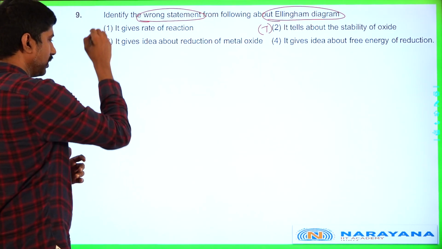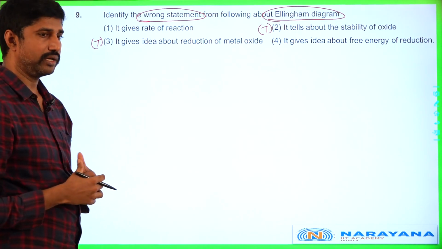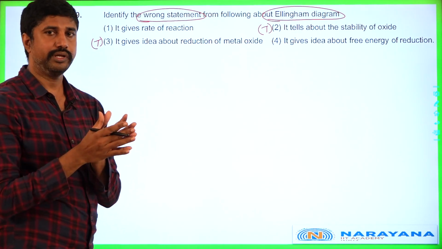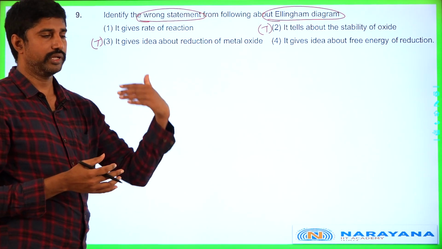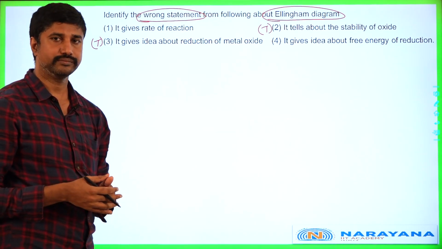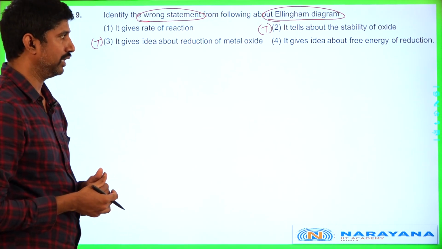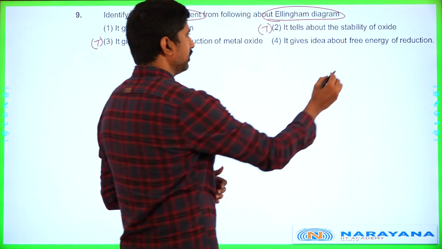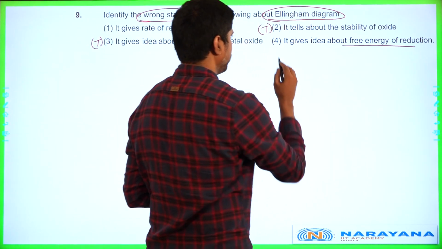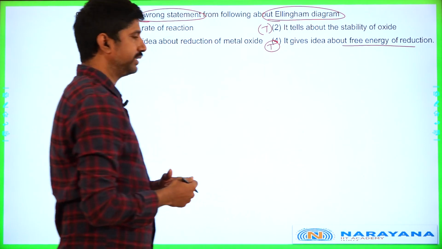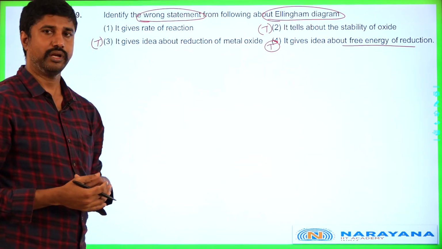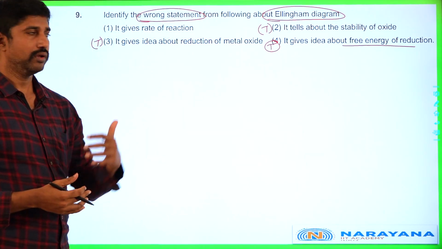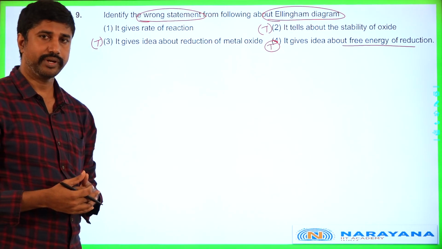Yes, whether carbon reduction is preferable or metal reduction is preferable, which method is comfortable for converting the given oxide into metal, it will be given from the Ellingham diagram. And it gives idea about free energy of reduction also. So the second, third and fourth statements are given from the ideas of the Ellingham diagram.